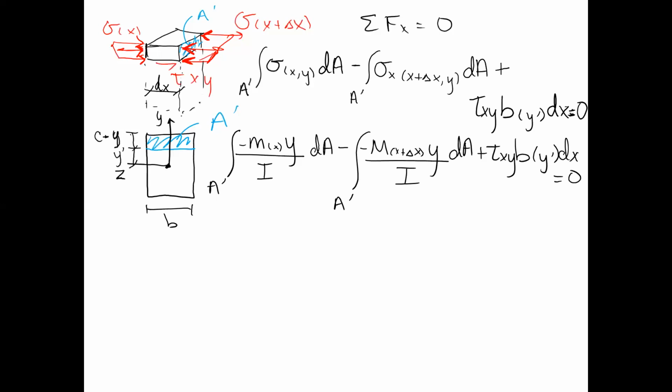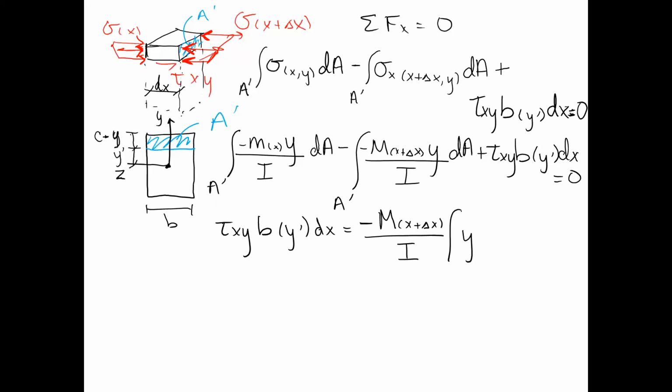So just bringing this over to the other side, or rather separating these terms. So I got my shear stress equal to the rest of it. So now this becomes negative. I'm going to pull out the moment, because the moment at a particular x value is constant. And I'm going to pull out the I, because that's constant.